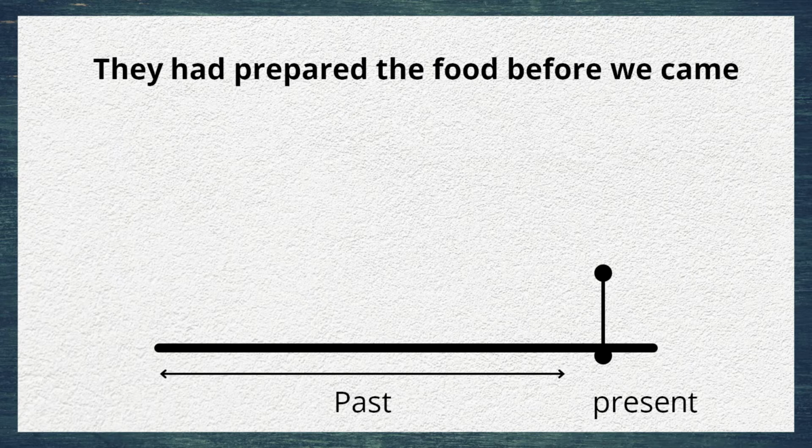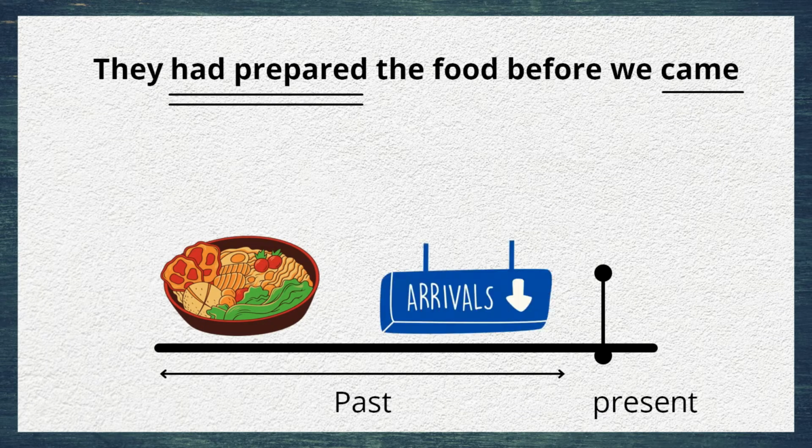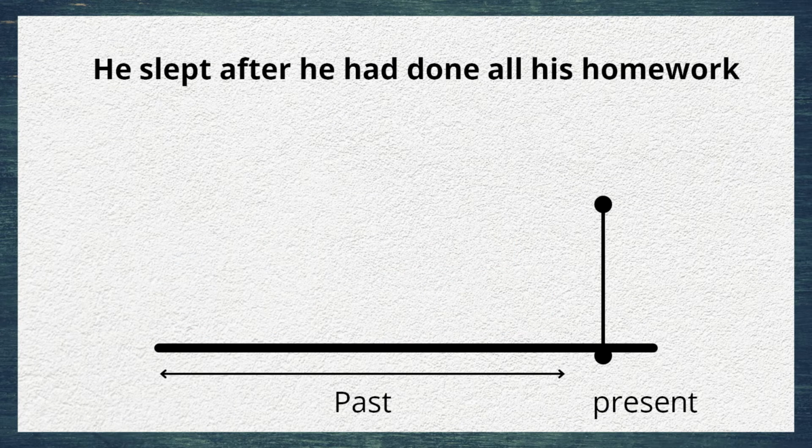Example number 2. They had prepared the food before we came. So which one happened first? They had prepared the food before we came. So preparing was before coming. And for the third one, here we will not have before, we'll have after.